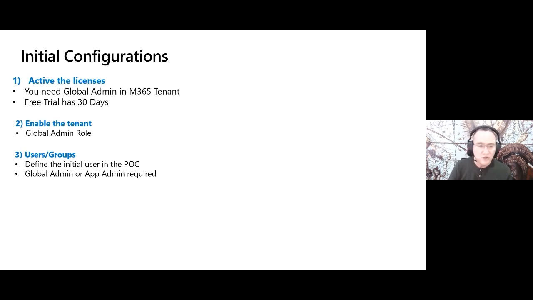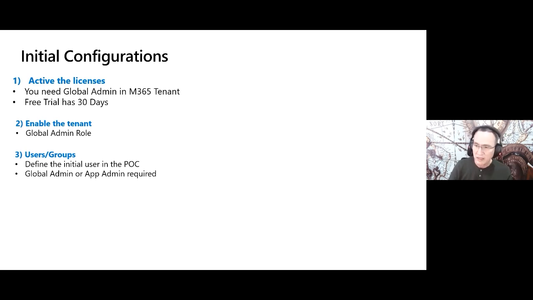You create this group, you include the members as part of this group, you assign the license that you have when you enable the trial. I guess I didn't mention, but the license that we are offering for 30 days has 25 users. This POC can have a maximum of 25 users.